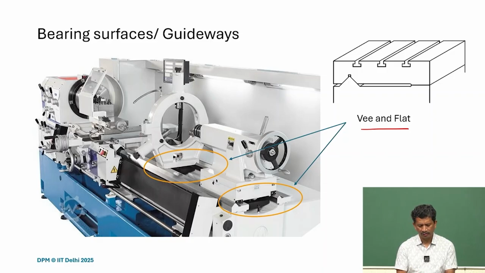So the machine tools, the systems, they have a V and flat, and we can recognize them in the older machines meant to fabricate or manufacture precision components.